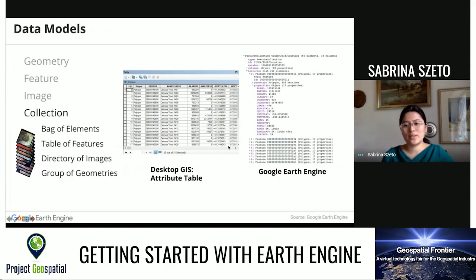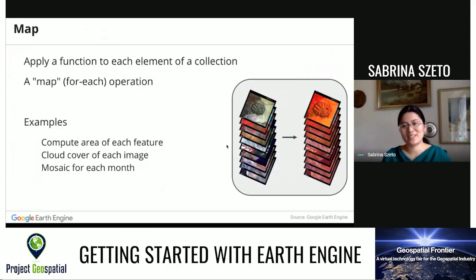The map-reduce paradigm is what actually makes Earth Engine so powerful. The first part, the map portion, talks about applying a function to each element of a collection. So we're going to do the same thing to all the elements in our image collection or our feature collection. For example, if we're thinking about the ecoregions or the census tracts, maybe you want to compute the area of each census tract or ecoregion.